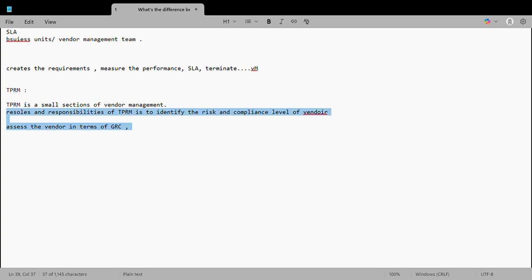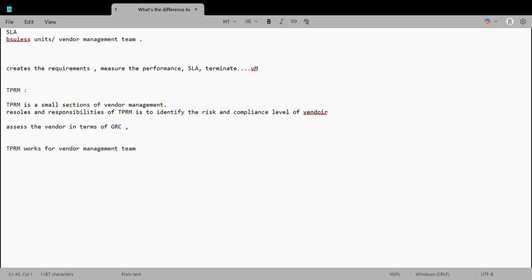All these things would be assessed by the TPRM team. So I can say the TPRM team is a core risk management team who works for vendor management. TPRM works for the vendor management team.